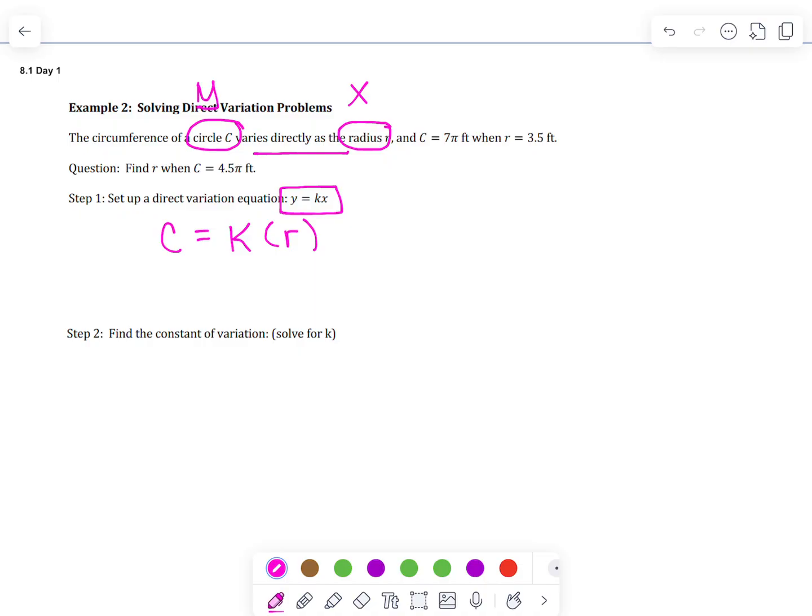Step 2 is to find the constant of variation. So we want to find out what k is. So now we're going to use these two numbers. The C and the r have been given. So those are going to go into the C and the r.